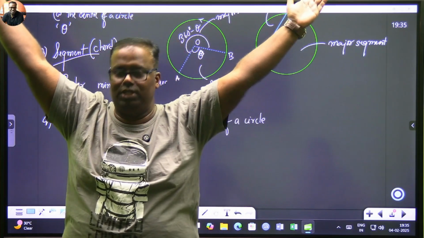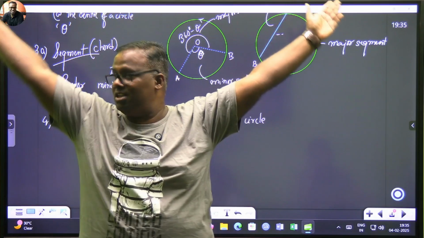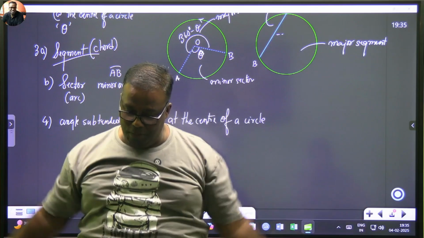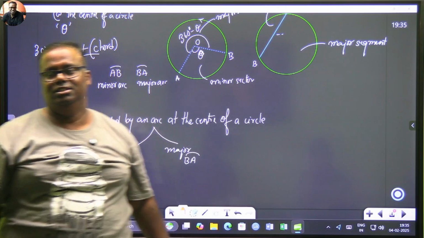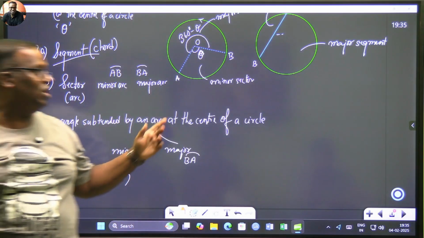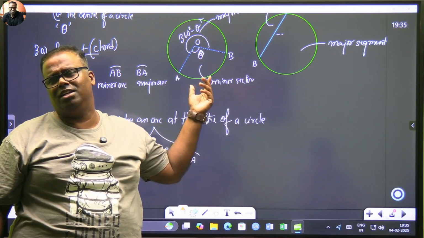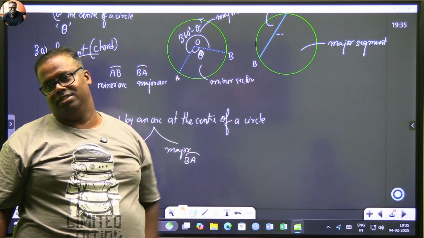What am I left with? I'm left with the bottom portion. The angle subtended by these two hands with the whole bottom portion is the angle subtended by the major arc. The minor arc will always be acute. Minor arc is acute. Major is reflex.